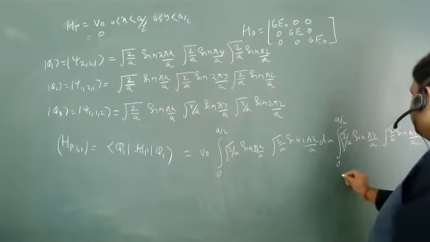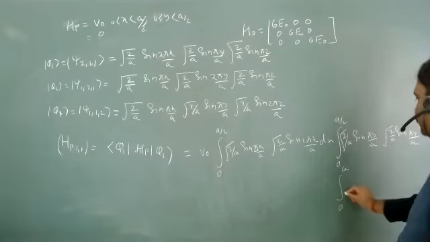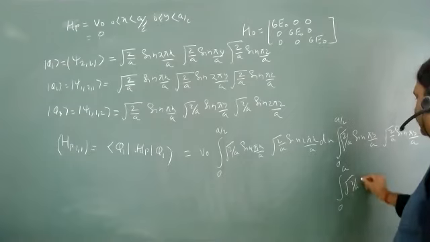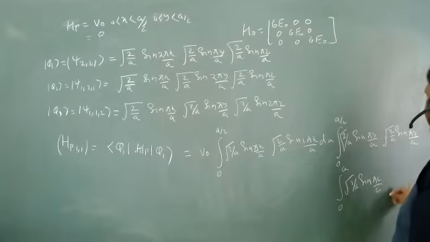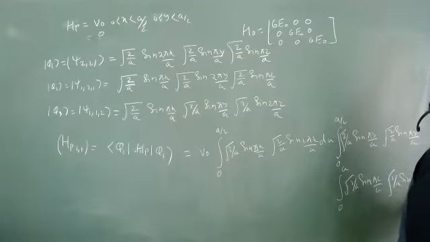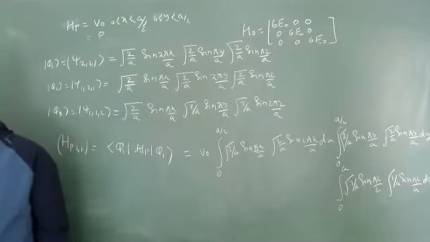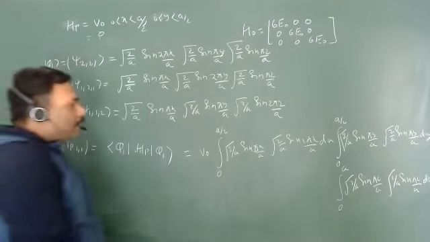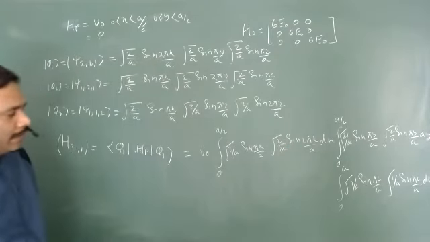And let's go for the third one, 0 to a, root 2 upon a sine pi z upon a, root 2 upon a sine pi z upon a dz. Now we have to do all this calculation. So what will be this value? Anybody can tell me?